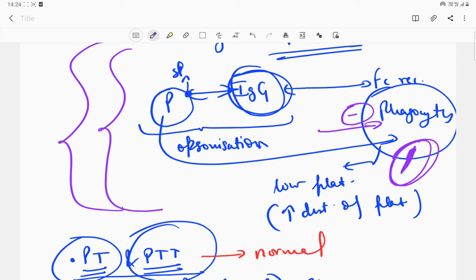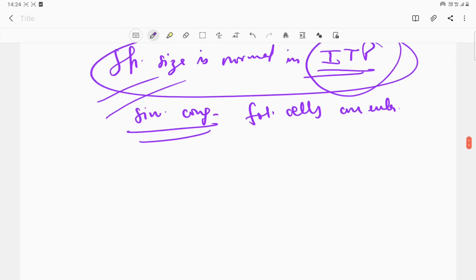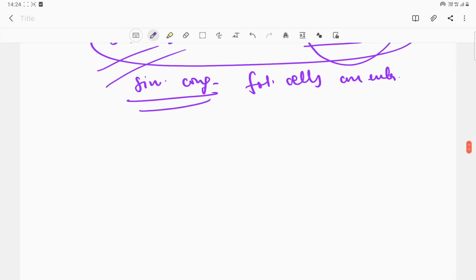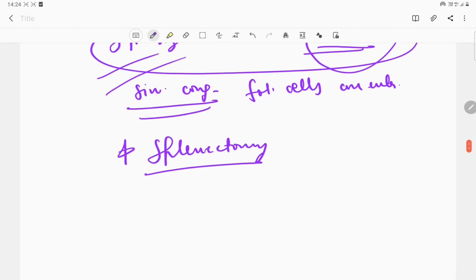How we can suppress the phagocytes is by immunosuppression. Simple. Immunosuppressive therapy, like cyclosporin, steroids, etc. When immunosuppression is not used or is not helpful, the option is splenectomy. We have seen that spleen size is normal, so how does splenectomy help?